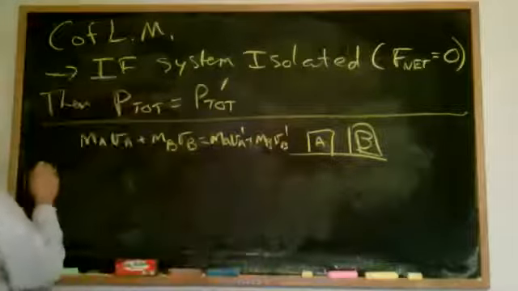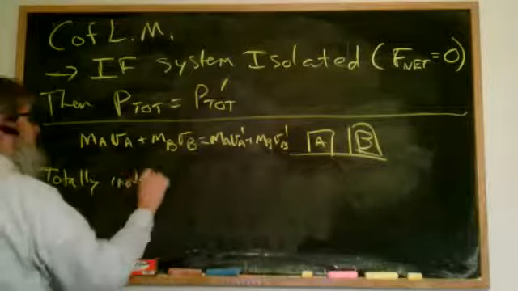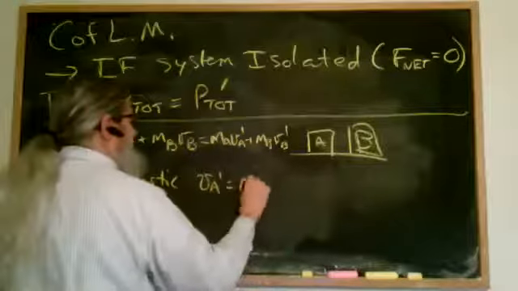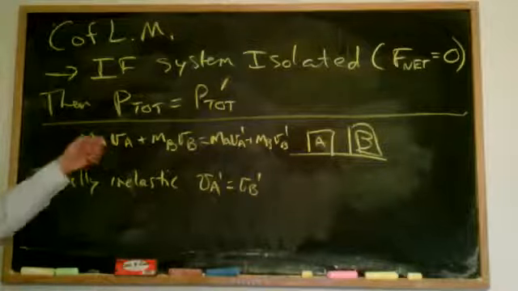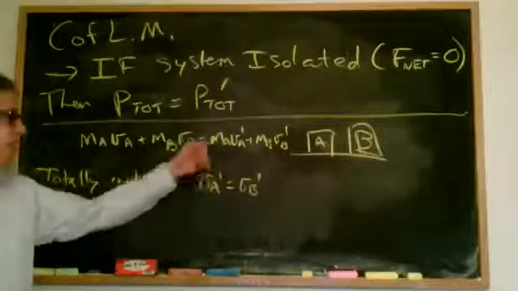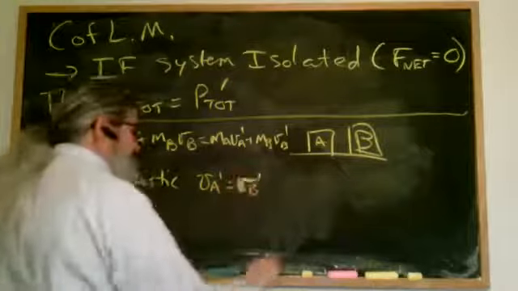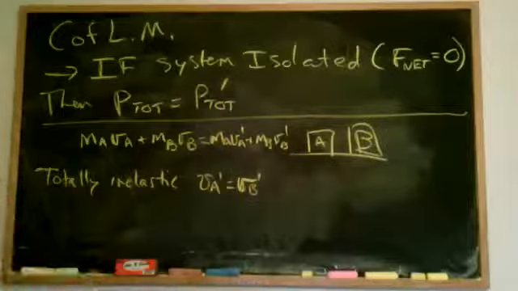And then if it's totally inelastic, which is to say sticky, then I have the additional constraint that VA prime is equal to VB prime. So these two equations, if I give you the initial masses and velocities, let you find the final velocities, and the final velocities are both the same. If they're totally inelastic, they stick.